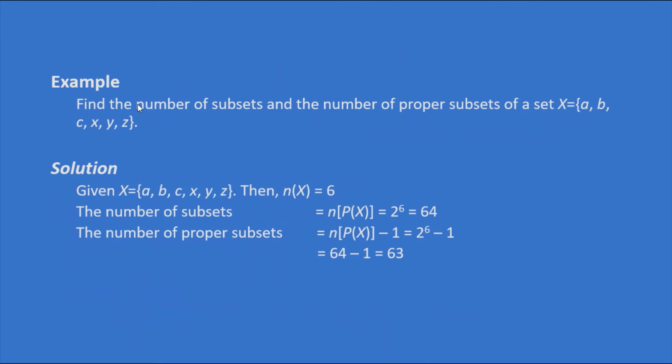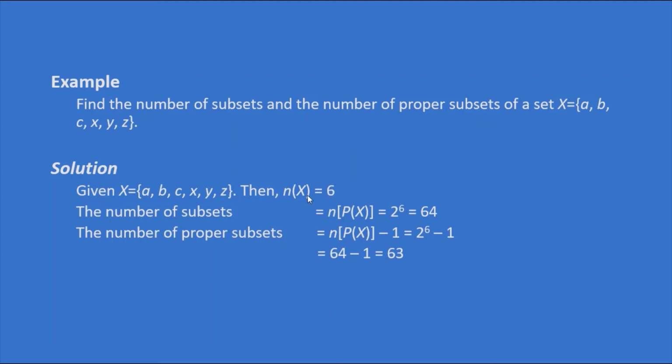Here is an example. Find the number of subsets and the number of proper subsets of the set X = {a, b, c, x, y, z}. Solution: it is given that X = {a, b, c, x, y, z}. Then n(X) will be 6, the number of elements. This is the cardinal number, the number of elements: 1, 2, 3, 4, 5 and 6. Now we need to find the number of subsets. The number of subsets is n(P(X)), which is 2^6.